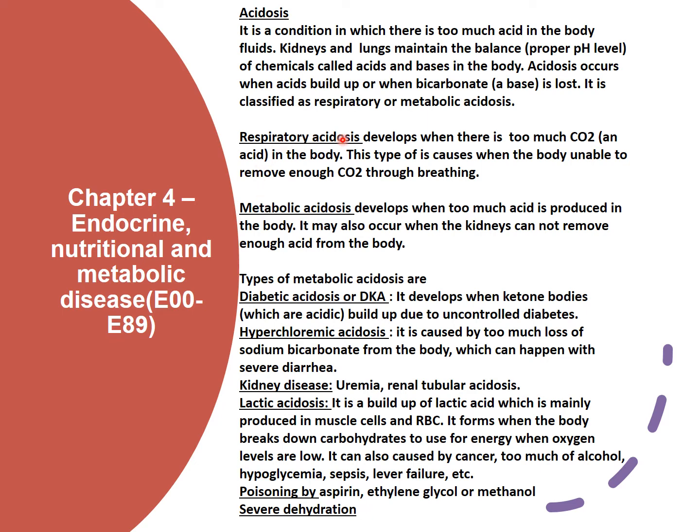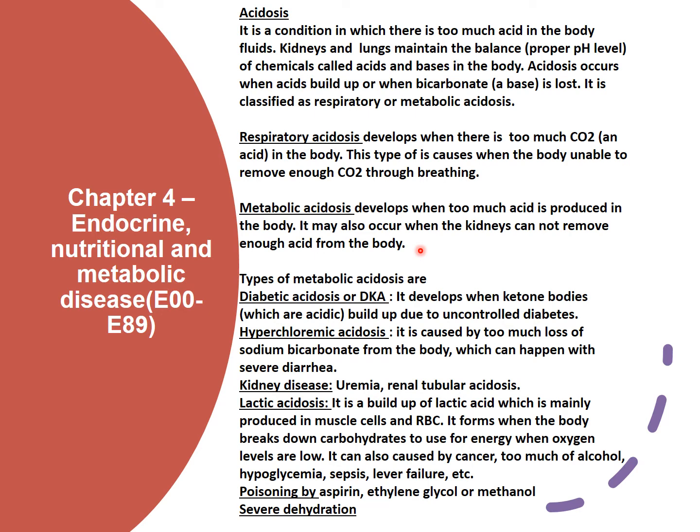Respiratory acidosis develops when there is too much carbon dioxide in the body, that means when the body is unable to remove enough carbon dioxide through breathing. Metabolic acidosis develops when there is too much acid produced in the body. It may also occur when the kidneys cannot remove enough acid from the body.